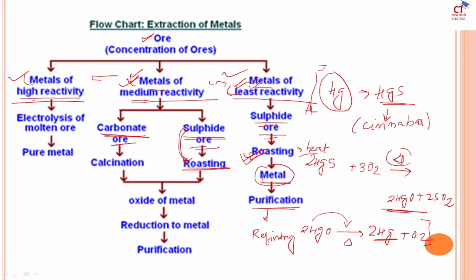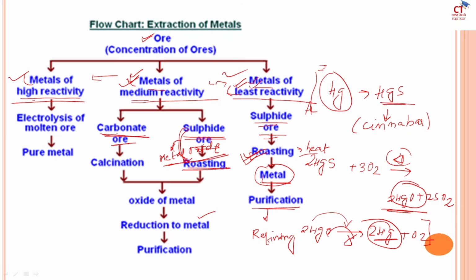This roasting is done to convert the ore into metal oxide. As we have already seen, we convert it into a metal oxide, and again we give heat and we get metal. Similarly, sulfide ores are heated to get metal oxides, and from this metal oxide we extract the metals.